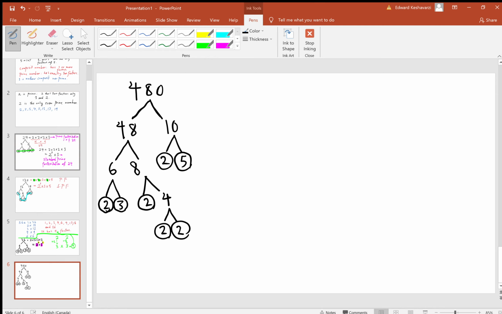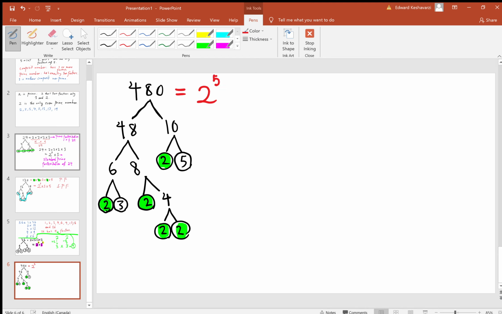Okay, I'm not going to write the prime factorization. I directly write the standard prime factorization. How? It's easy. Let's count the number of 2's. 1, 2, 3, 4, 5. There are 5 2's, therefore 480 can be written as 2 to the power of 5.